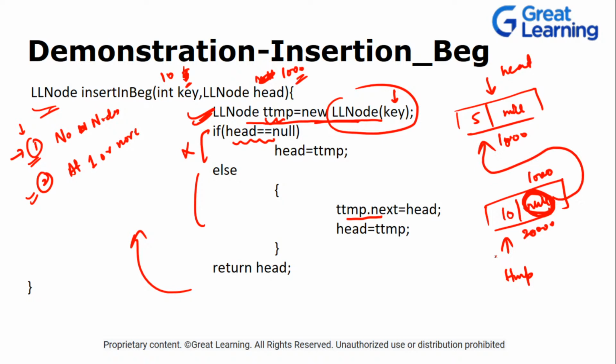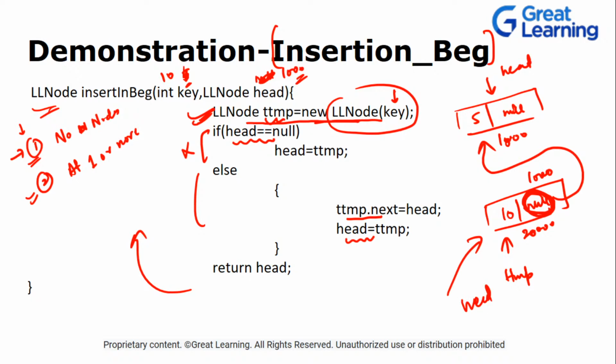Now you are implementing insertion at the beginning, so every time your head will change because you are inserting your element at the beginning. So the next step is that you will update your head. Whatever temp is pointing to, make head also point to that node, because this is your head node now.